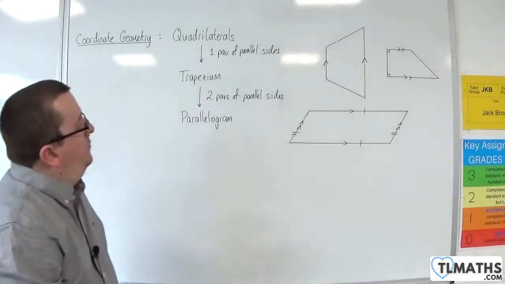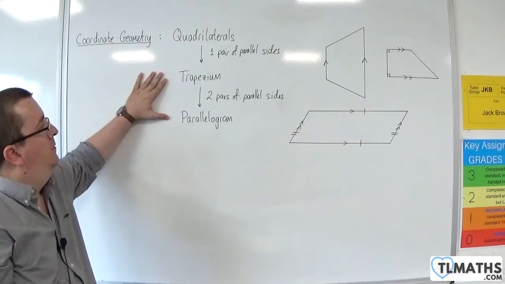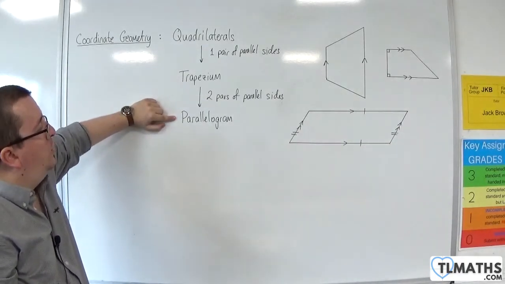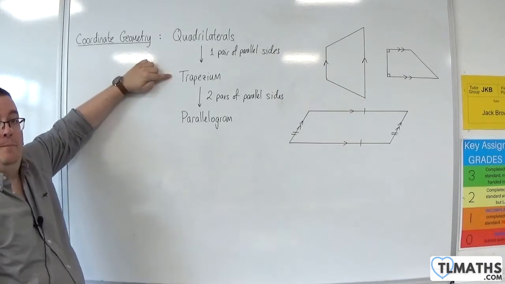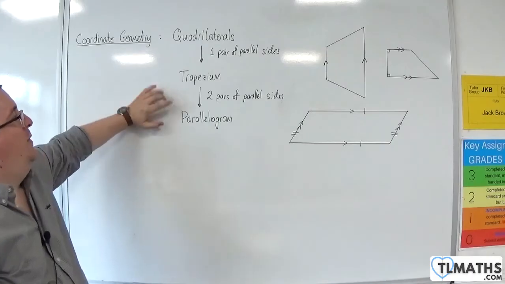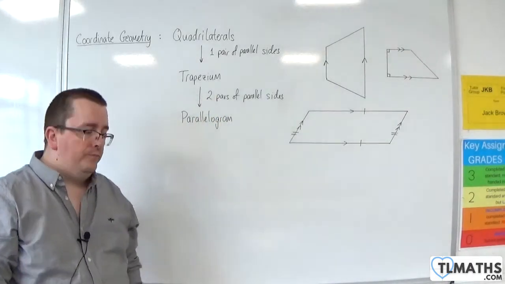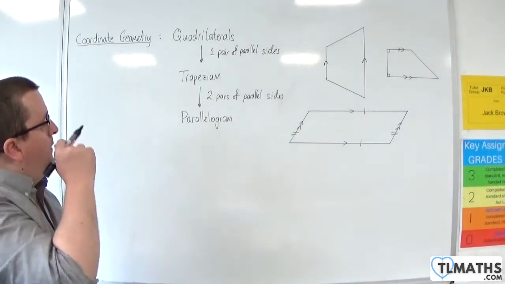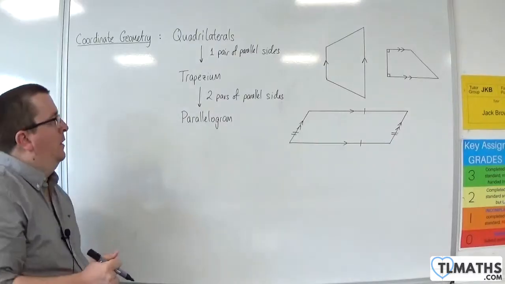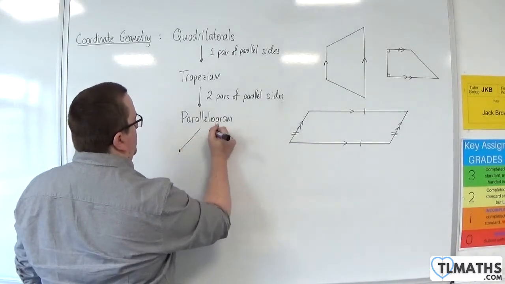Right, so that means also from our family tree that a parallelogram is a special case of a trapezium. Okay, so it is a trapezium with the added feature of having another pair of parallel sides. Okay, right, okay, so now from the parallelogram we branch off in 2 different directions.